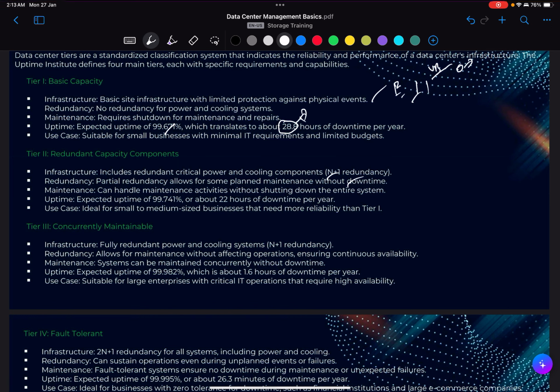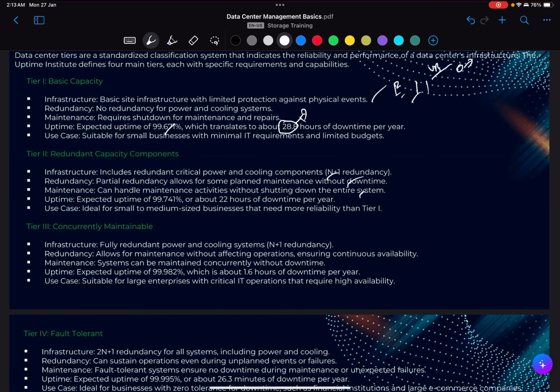While doing maintenance activity there can still be downtime. You can see it can handle maintenance activity without shutting down the entire system, but it will not be for each and every device mostly.